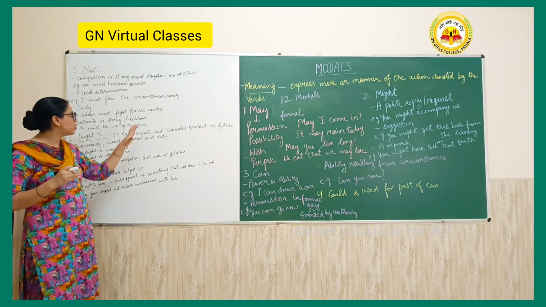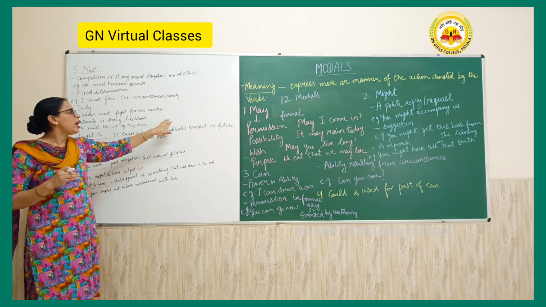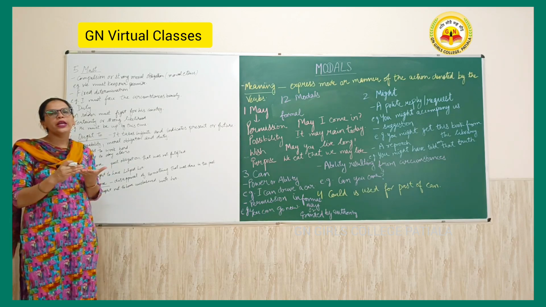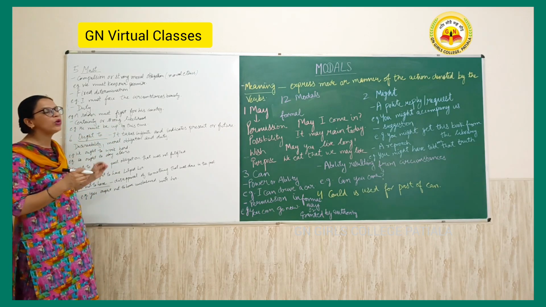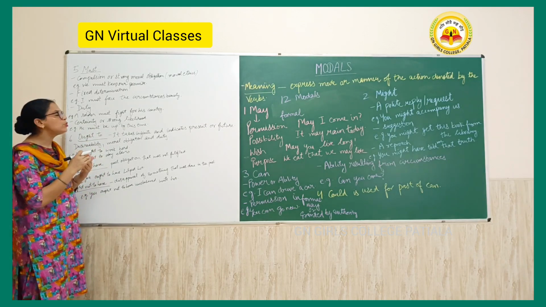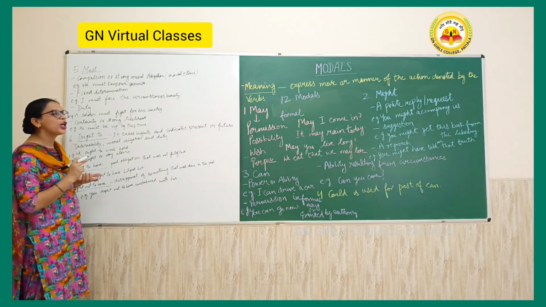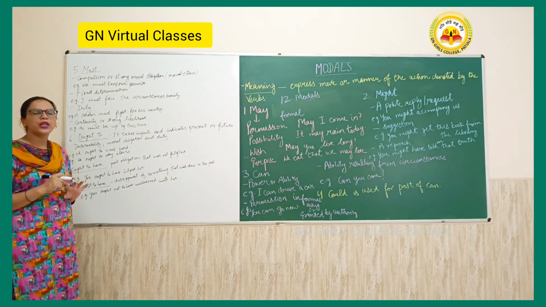He or she comes to his or her home by 4 o'clock in the evening, 5 o'clock in the evening. So this is the strong likelihood or certainty. So we use must for compulsion or strong moral obligation, fixed determination, duty, certainty or strong likelihood.